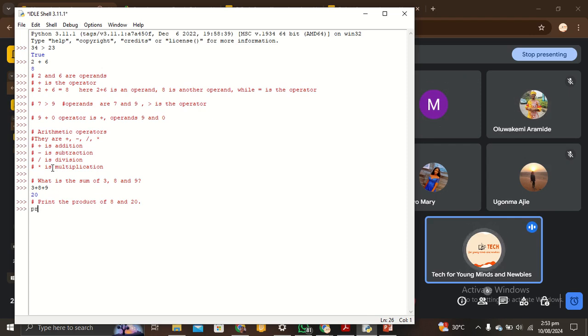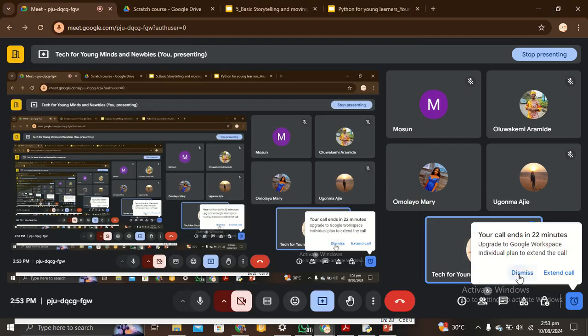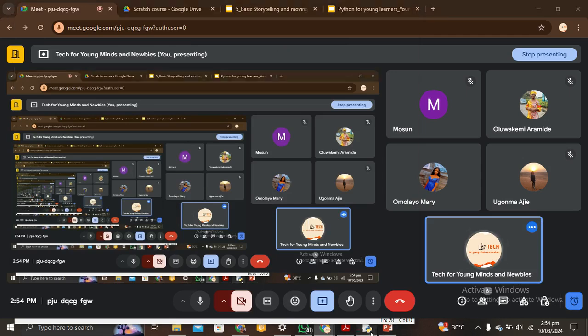I will type print, open my brackets, 8 times 20, close the brackets. Print means I want you to print 8 multiplied by 20. Enter. The answer is 160. So the operator is times. 8 and 20 are operands. Do you get that?